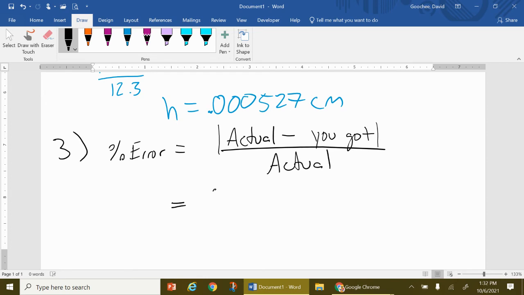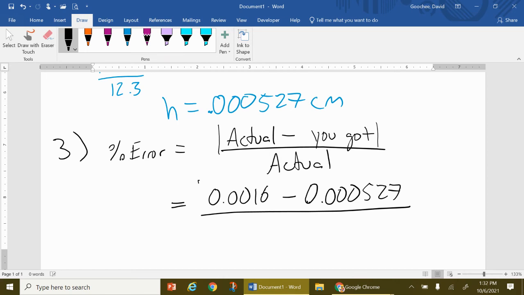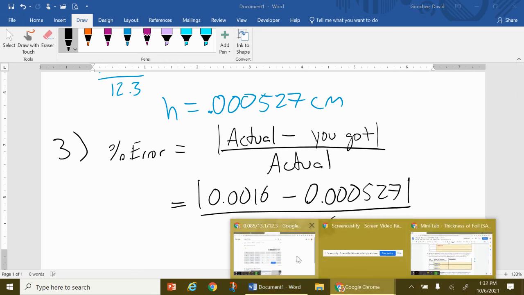So the actual was, again, 0.0016 centimeters minus 0.000527 centimeters, okay, divided by 0.0016.